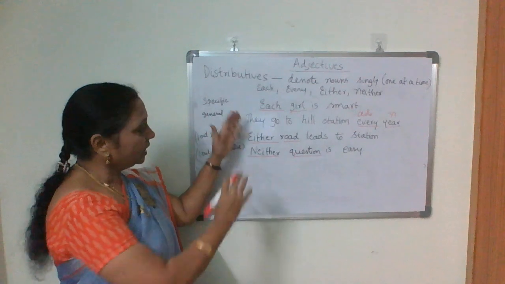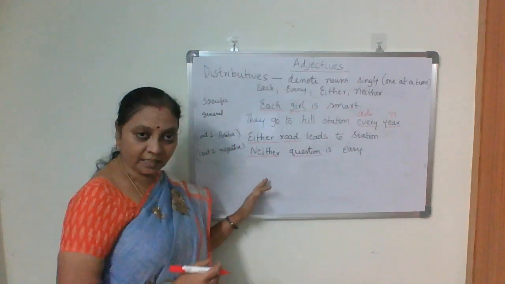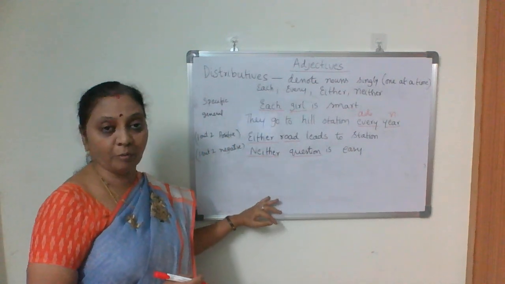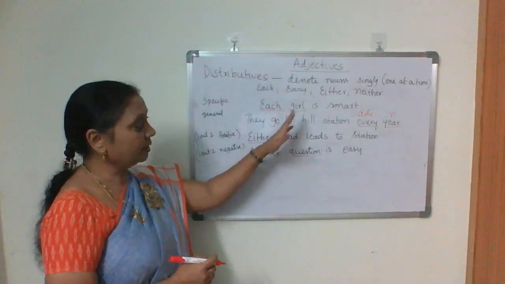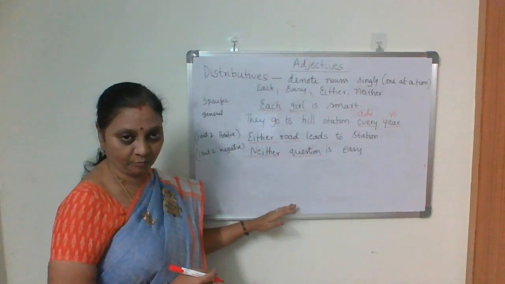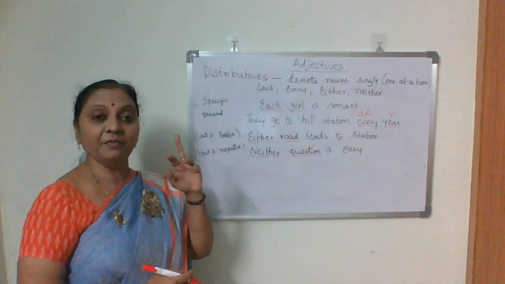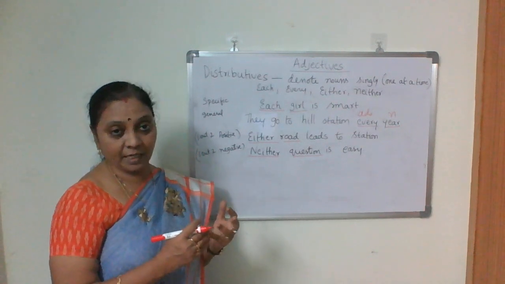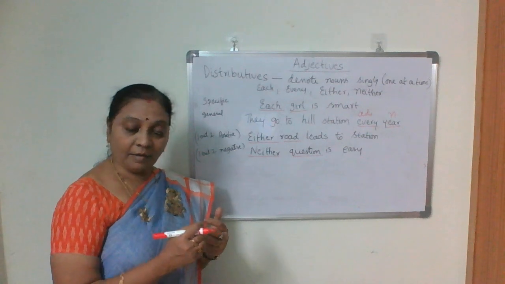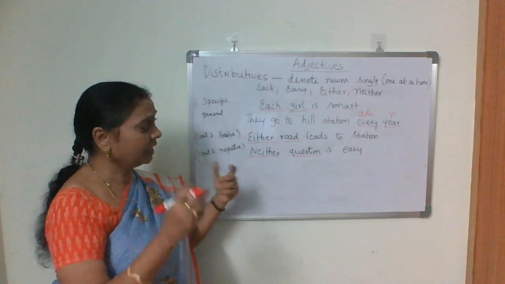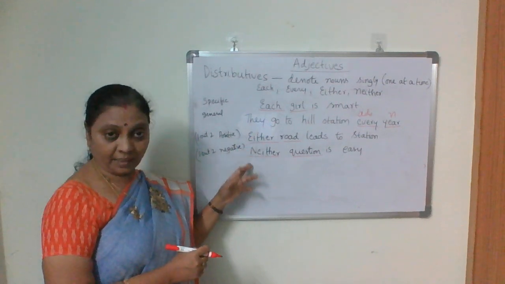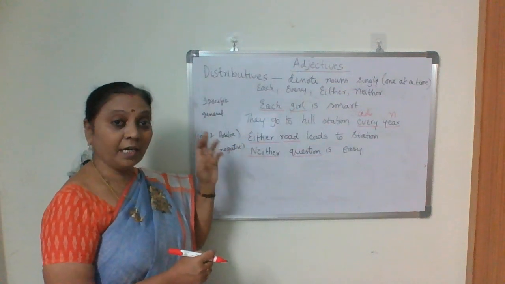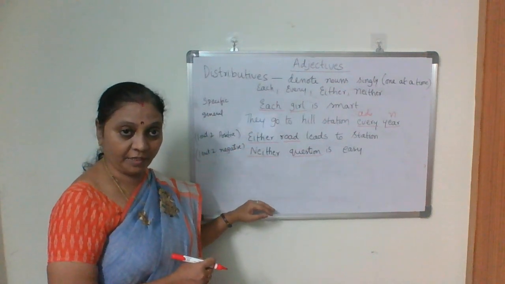Okay, so each, every, either, neither. When you use these distributive adjectives, they are immediately followed by nouns. And when I talked about indefinite pronouns, like somebody, nobody, everybody, I explained even either and neither, but there the usage is different.